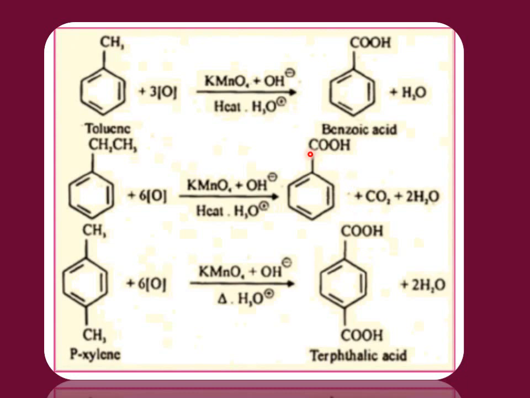Now you can see paraxylene as another example. Upon oxidation, it is going to give you terephthalic acid, with 2 carboxylic acids. So benzene prefers to oxidize its side chain in the presence of oxidizing agents, and its ring is not going to compromise its stability. So it does not get oxidized in the presence of side chain.